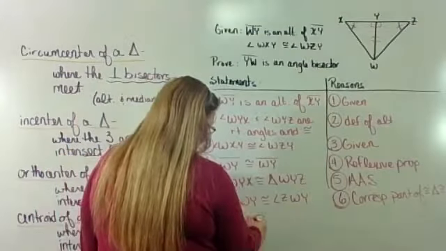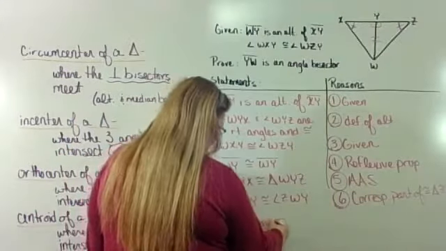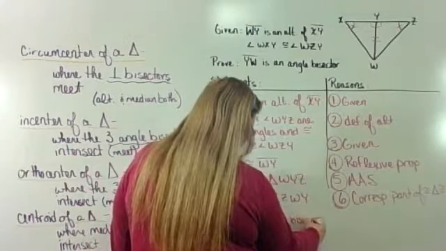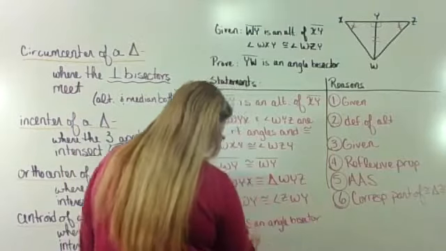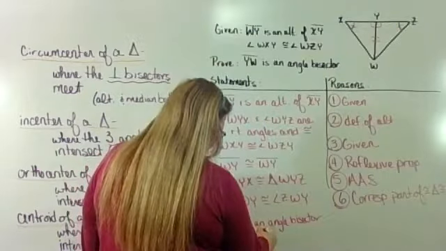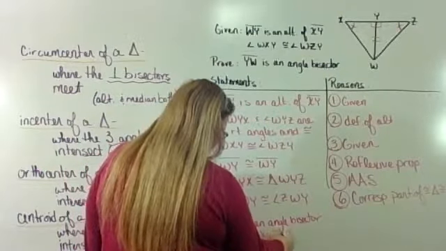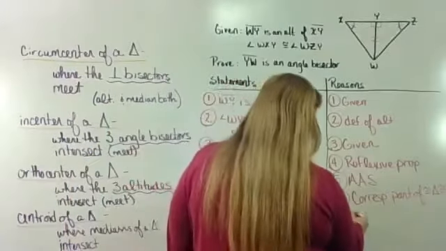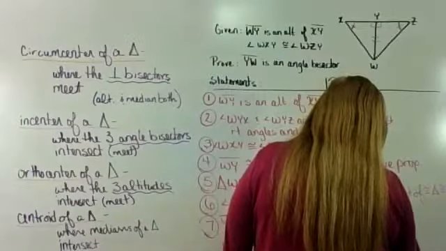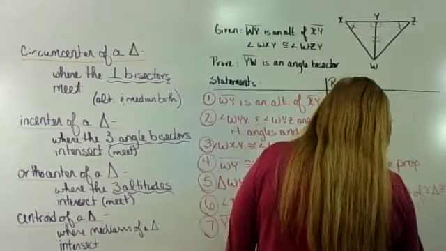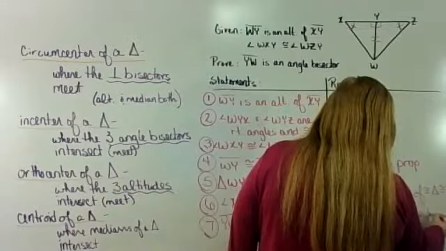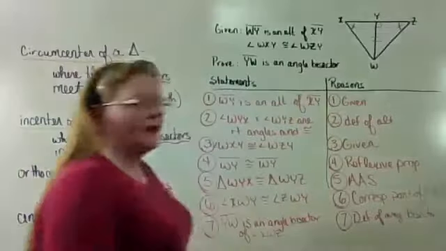YW is an angle bisector of XWZ, and then my reason is definition of angle bisector. Simple enough.